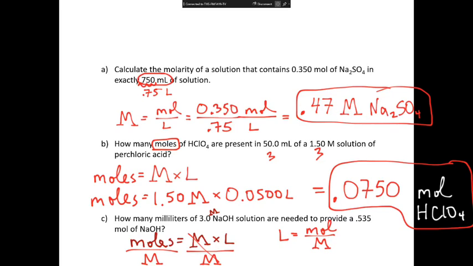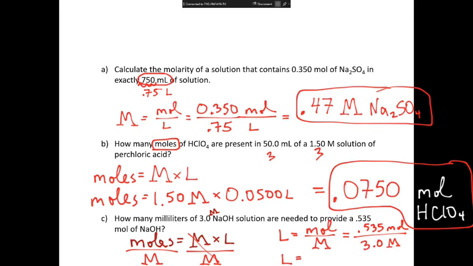All right, moles over molarity. So I want to get 0.535 moles out of this. And the molarity is 3.0 moles per liter, or 3.0 molar. So it turns out moles over molarity will give me my liters, and then I'll convert it to milliliters on the board underneath because I'm out of room.